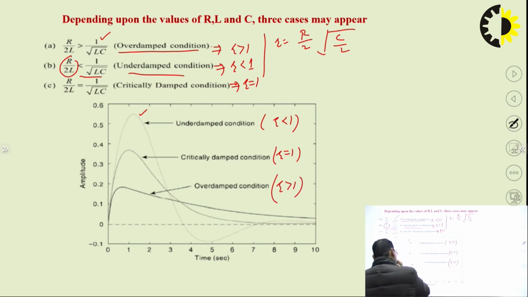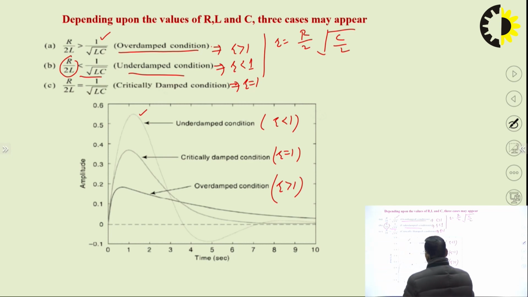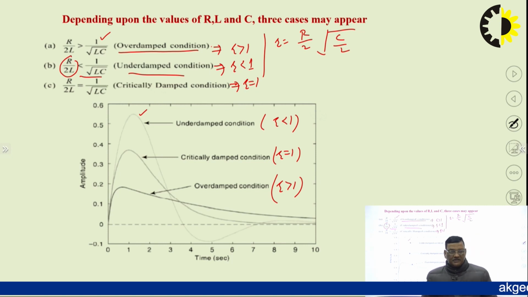So these are the three cases, overdamped, underdamped and critically damped, when the RLC circuit is subjected to a step input. Similar analysis can be carried out by applying a sinusoidal input or any other input.